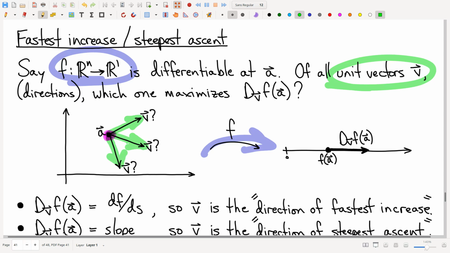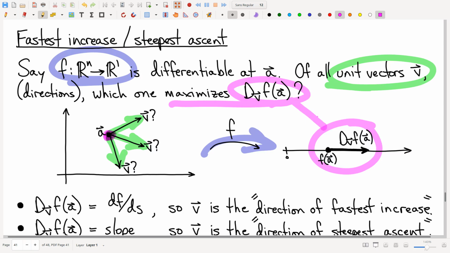And in particular, I want to know which one is going to make the directional derivative, and keep in mind, pausing before I finish that thought, directional derivative says that as I move in the domain in a certain direction, what's the rate of change of the function? Right, df/ds. Reasonable question, which one is going to maximize that output rate of change?